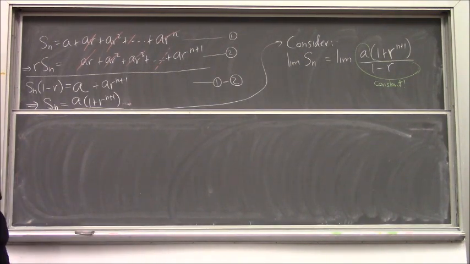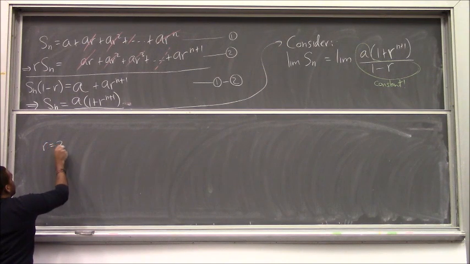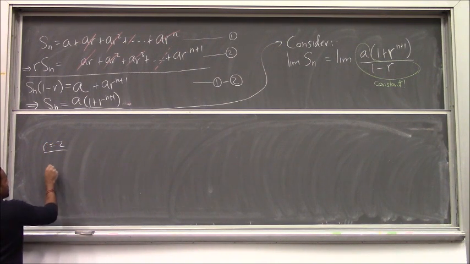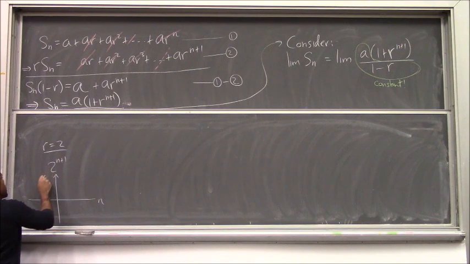Does it go to infinity? There is one case where it goes to infinity. Sure, because let's say r equals 2. Just throwing a number out there, right? So that's going to look like 2 to the n plus 1. Well, what does that look like? If you're graphing n versus an, that would look exponential.